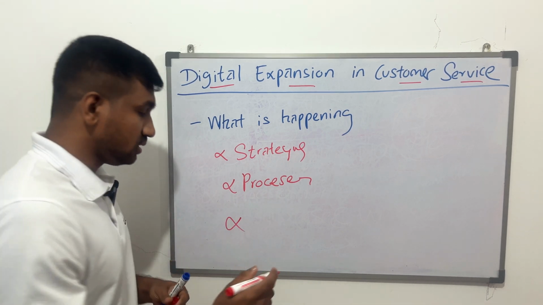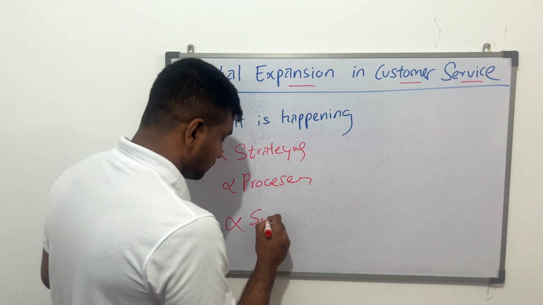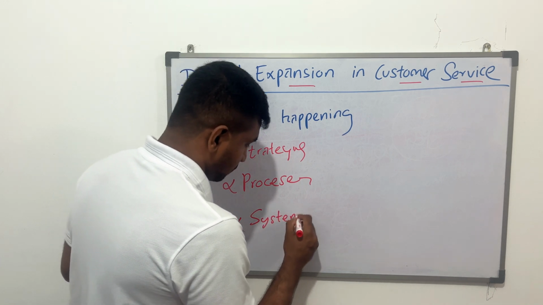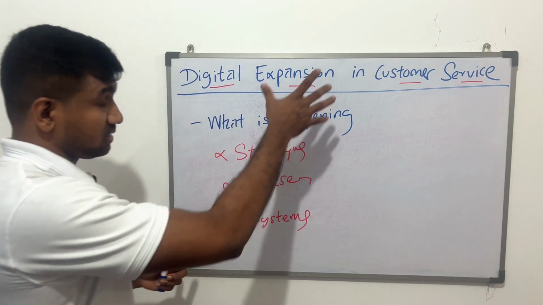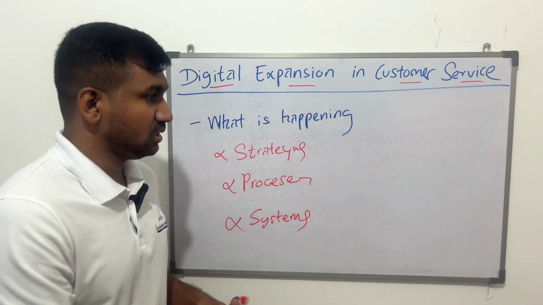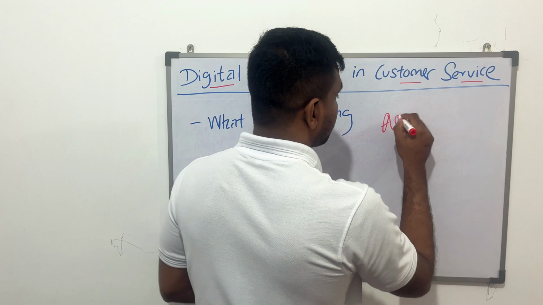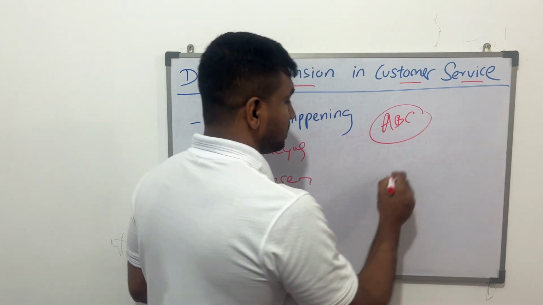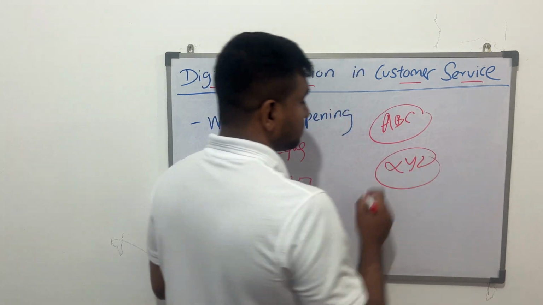Another thing you can touch on is systems. What are the systems this company uses? Imagine one of your friends uses ABC company, whereas you have chosen XYZ company.